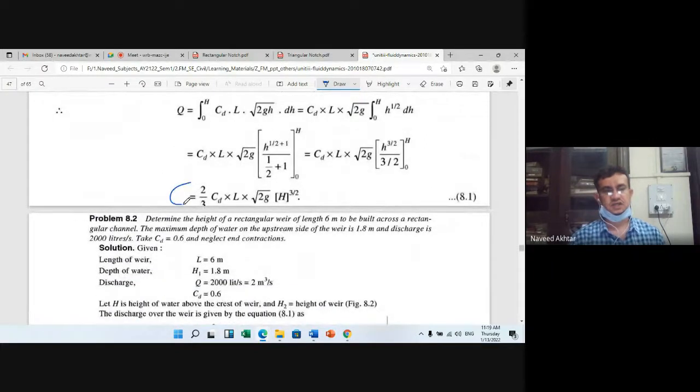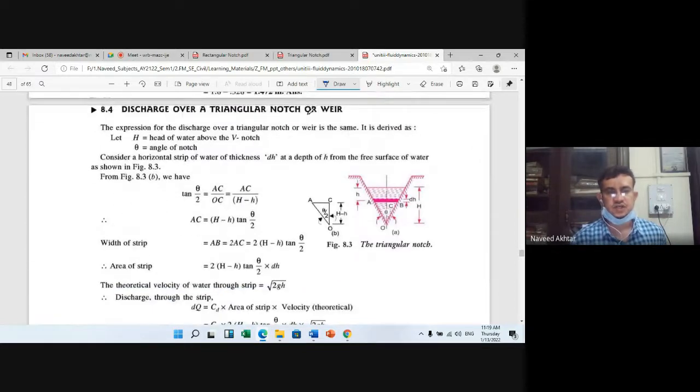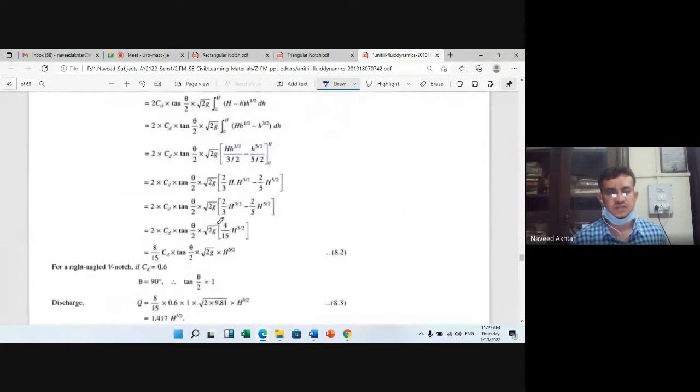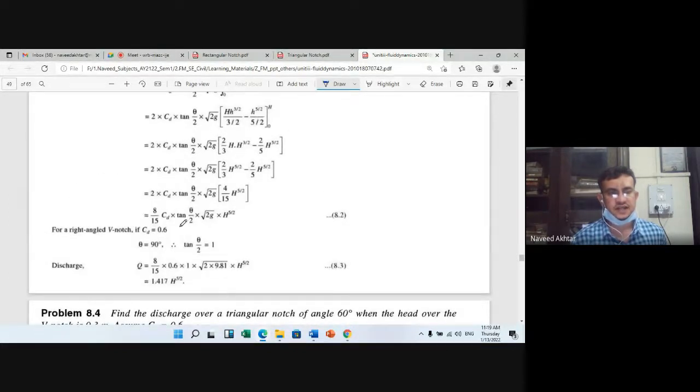The discharge of the rectangular notch is 2/3 CD into L into root of 2g into h to the power of 3/2. Similarly, for the V notch the discharge is 8/15 CD tan(theta/2) into root of 2g into h to the power of 5/2. This is the discharge for the V notch, or triangular notch.